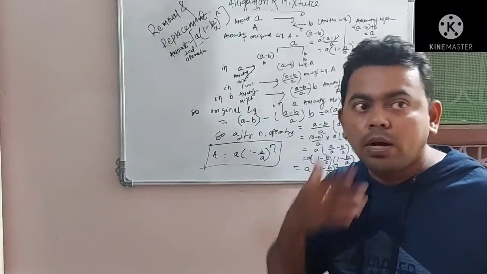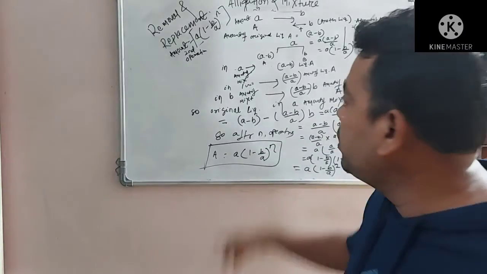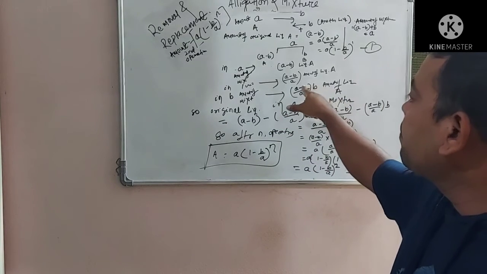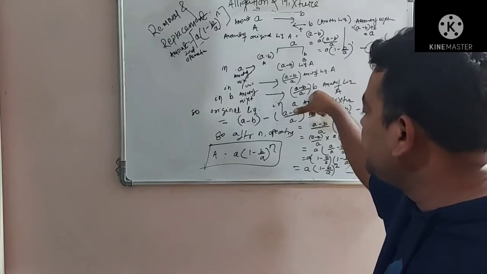In B amount of mixture, the amount of original liquid A is A minus B by A into B.